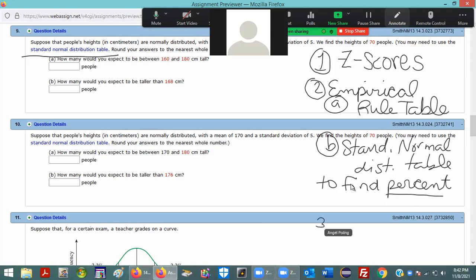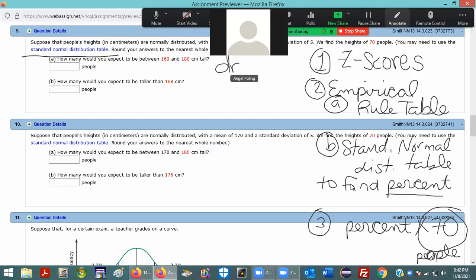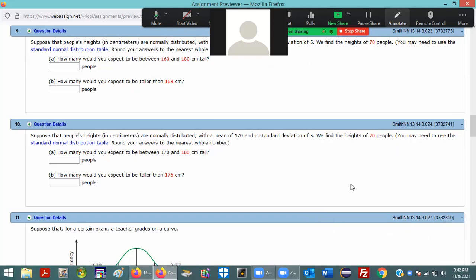And then we multiplied the percent times 70 because that was the number of people. So percent times people. And there's a step in here where you draw a picture, and that helps us see the between and the more than. So a lot of steps for those.